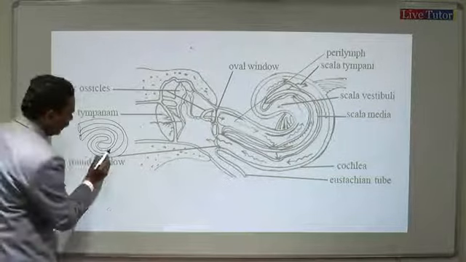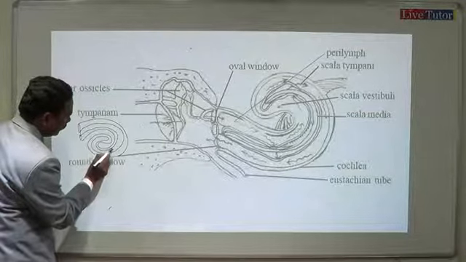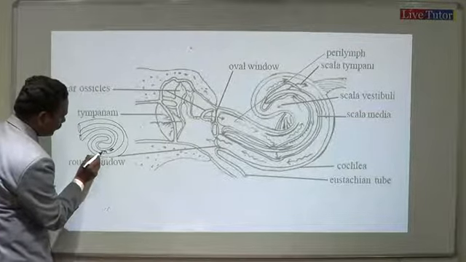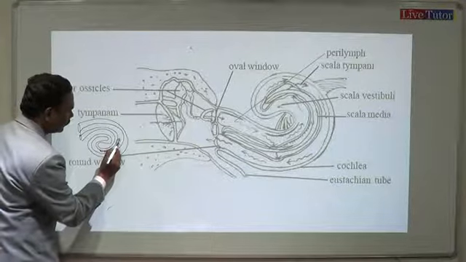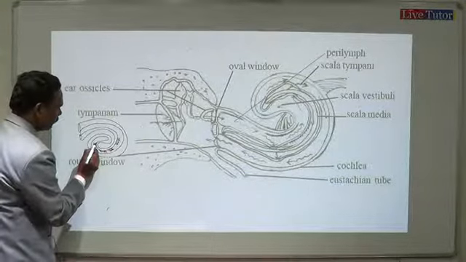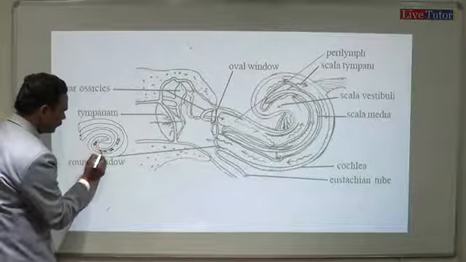Then you can see the organ of Corti. Then the tectorial membrane. See here, the tectorial membrane.